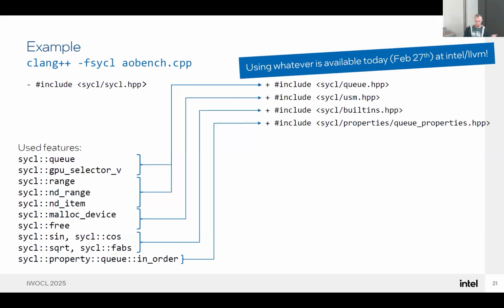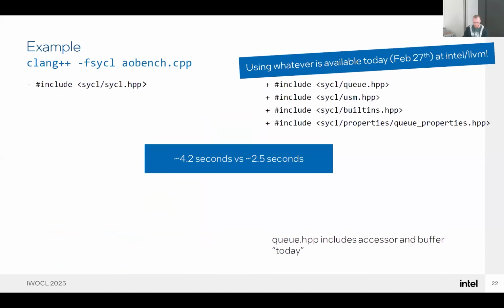Queue will bring us queue, selectors, ranges, then USM stuff will go from a separate header, built-ins, and some properties. So it's just a 4 line change, essentially. The diff is small. And that diff already gives a huge benefit, roughly 40% compile time improvement just by changing 4 lines of code.